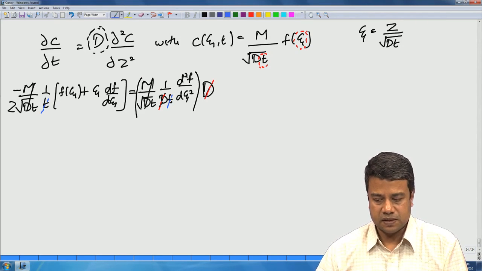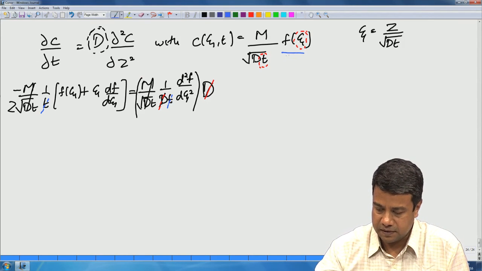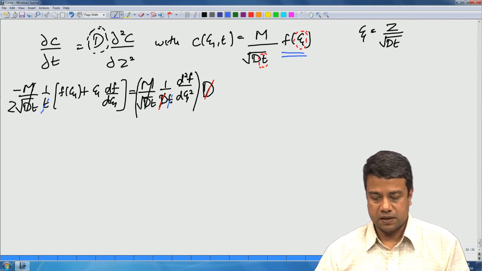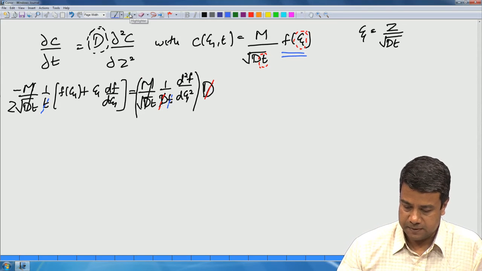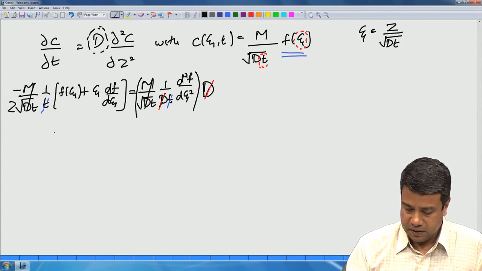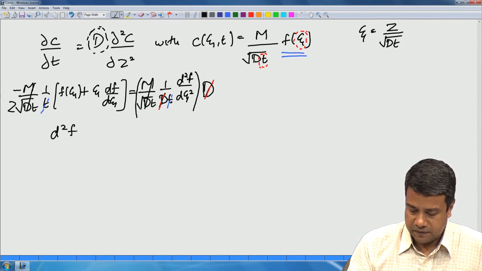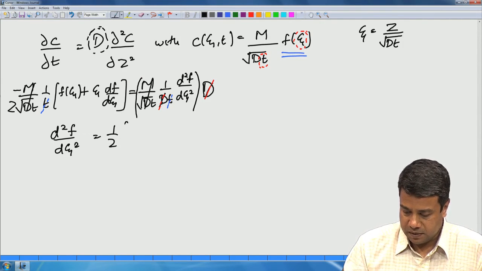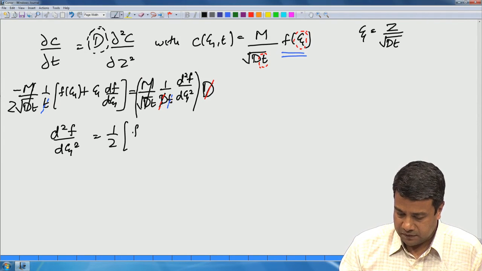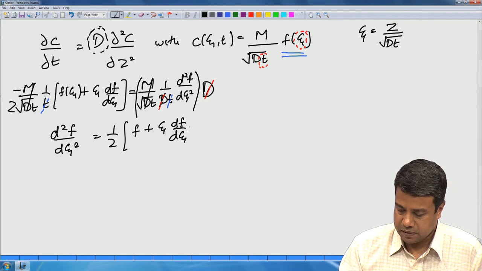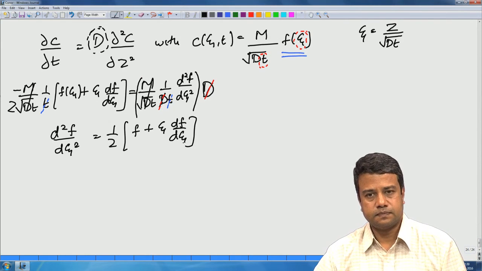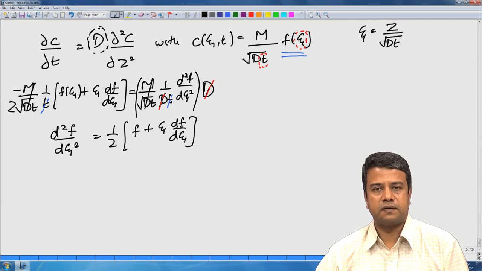This equation is now in terms of the function f, but the resulting equation depends only upon psi. So, I can write this as d square f by d psi square is equal to 1 by 2 into f plus psi df by d psi. So, that is the equation for the function f.